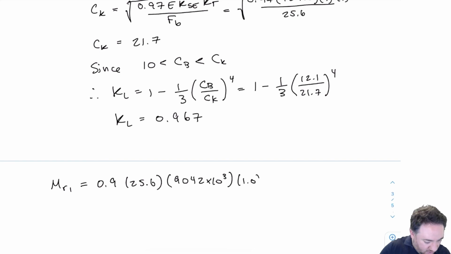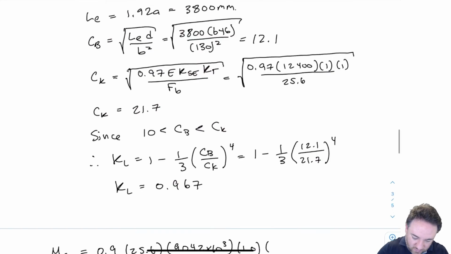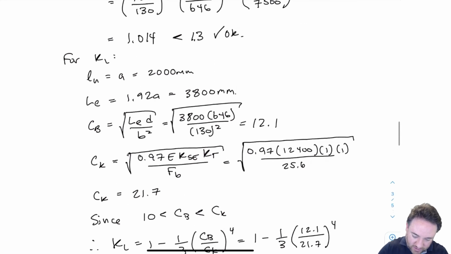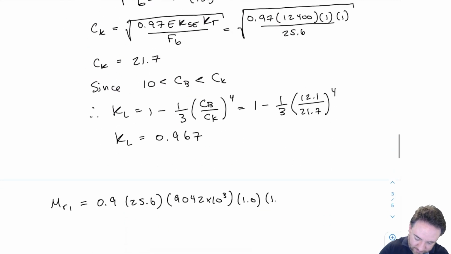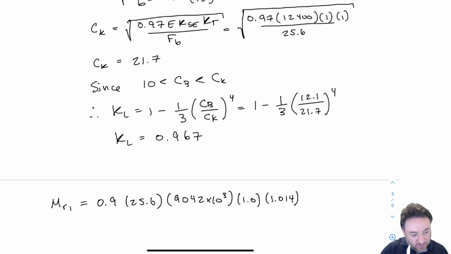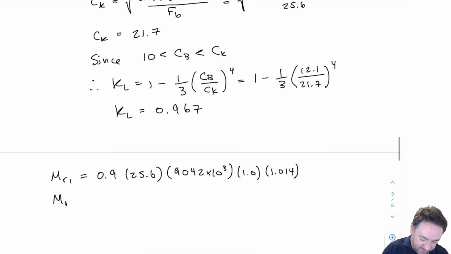KX is 1.0, and KZBG we determined was 1.014. Now this KZBG, that is included in the tables. So we don't have to worry about, if KZBG came out to be quite a bit less than 1, that's fine, because the selection tables include KZBG in there. Just what they don't include are KL.